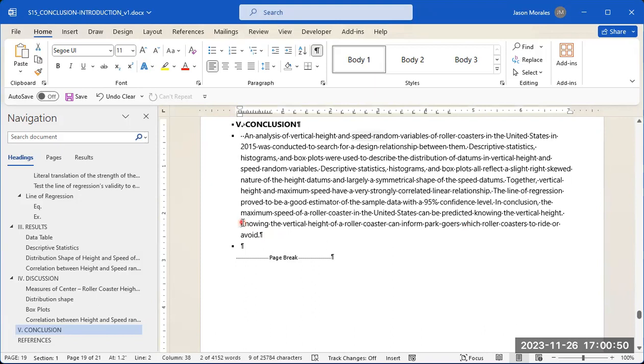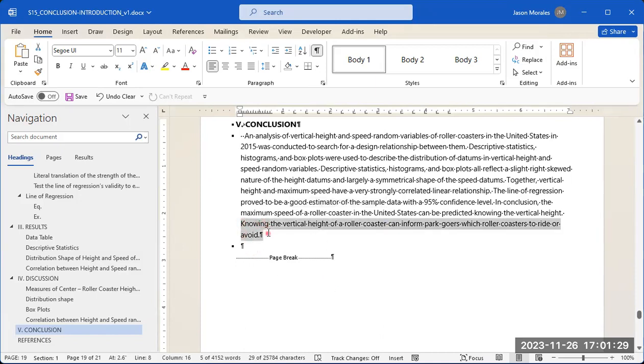And what I came up with is maybe knowing the height, someone would know whether it's going to go too fast for them, and they would either choose to ride or not ride a roller coaster. So certainly, having this linear relationship and this line of regression would allow anyone to do that. You can correlate speed with height. So if you know the height, you can estimate the speed of that roller coaster.